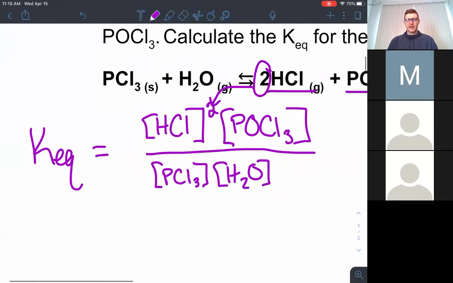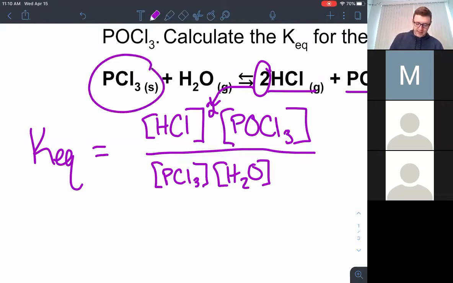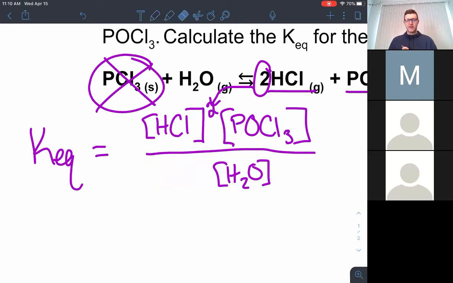Does anybody not like this expression? Isn't PCl3 a solid? Perfect. So PCl3 is a solid. Remember, solids and liquids don't count in our equilibrium expression. They cancel out, they turn into 1. So we're going to get rid of our PCl3. The only concentration on the bottom is just going to be our H2O.